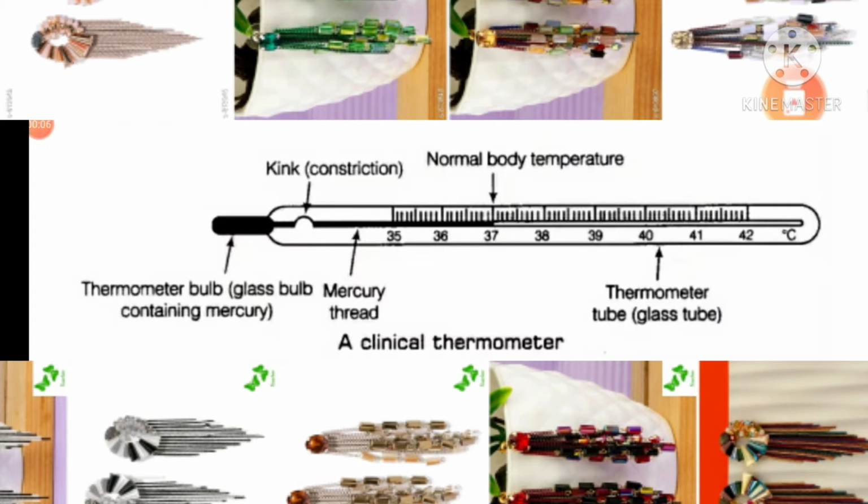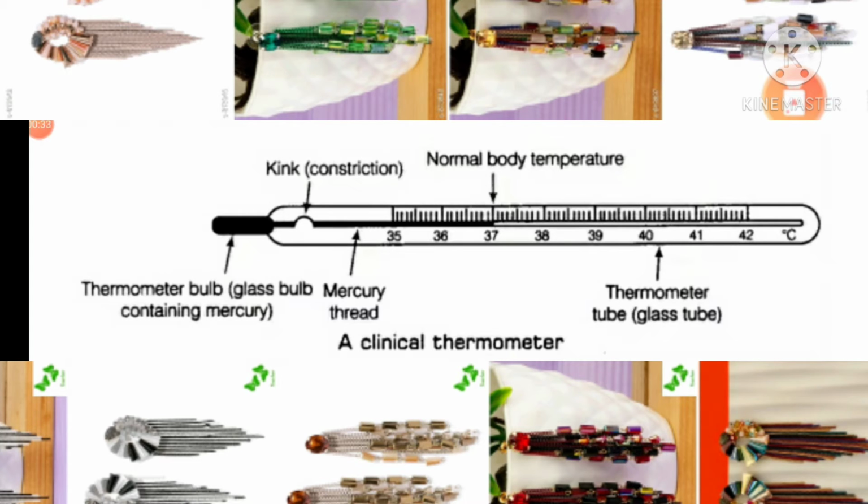It measures the body temperature of living beings, whether the temperature of a fevered person or a normal person, or what our body's normal temperature is. All these things can be understood by the clinical thermometer.